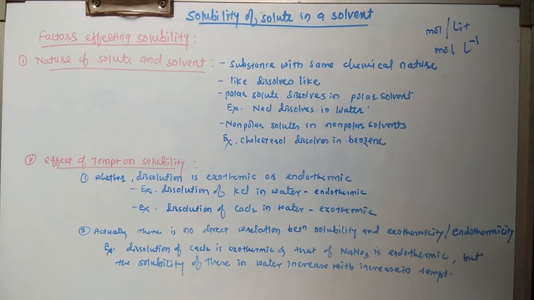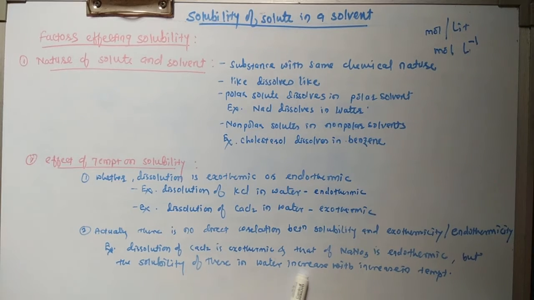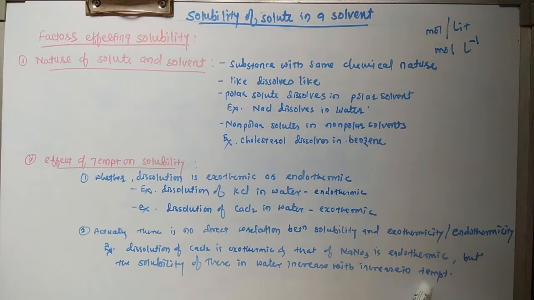Now, actually there is no direct correlation between solubility and exothermicity or endothermicity, and by taking two examples you can get the idea. Dissolution of calcium chloride is exothermic, and the dissolution of sodium nitrate is an endothermic process. But though one is exothermic and the other is endothermic, the solubility of both increases with increasing temperature.